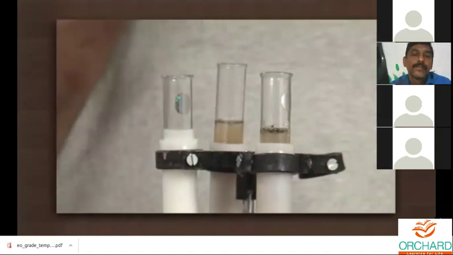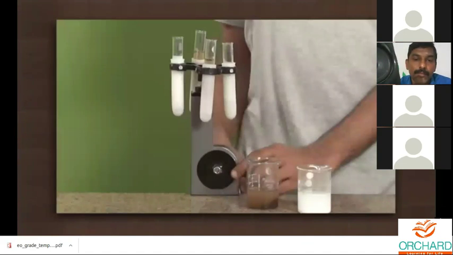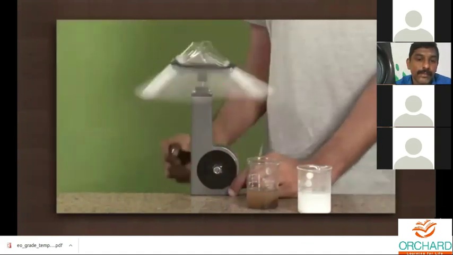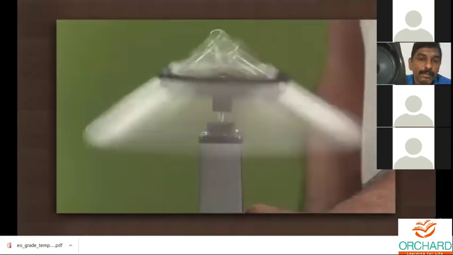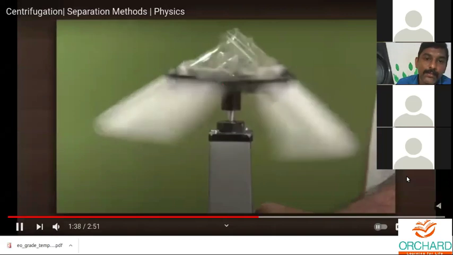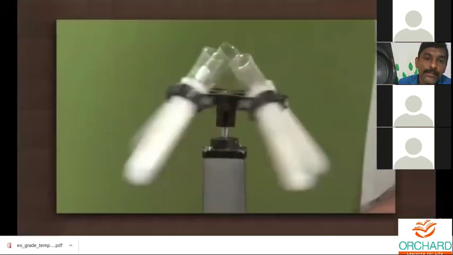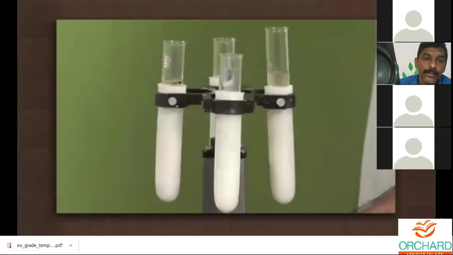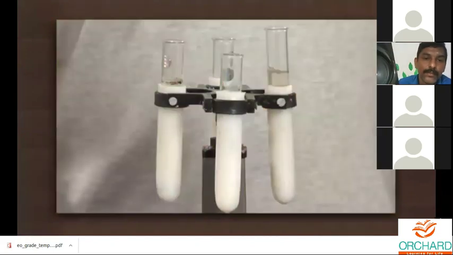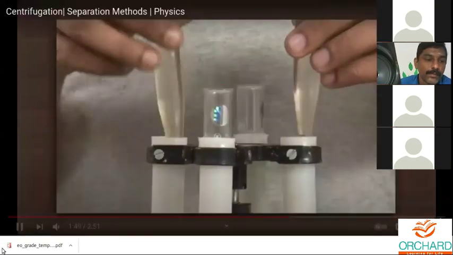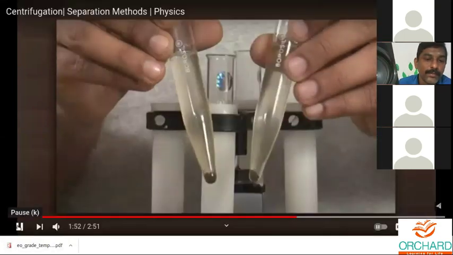Rotate the machine fast for a few minutes. Stop rotating. Remove the test tubes and observe. We see mud particles and white precipitate.